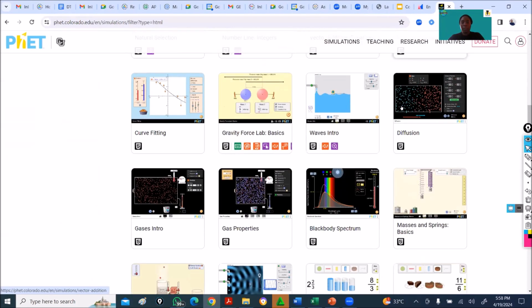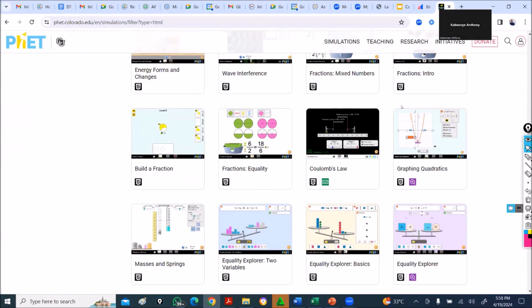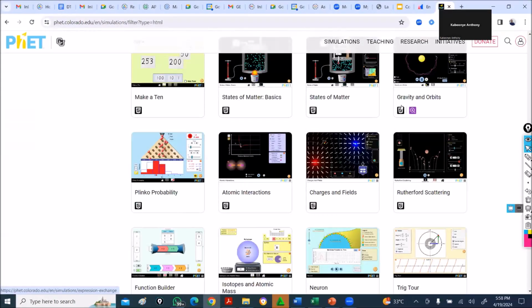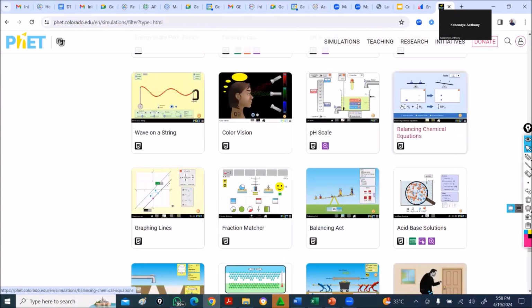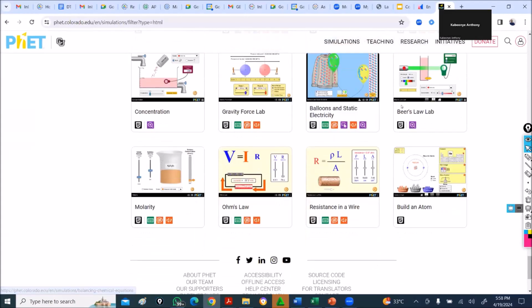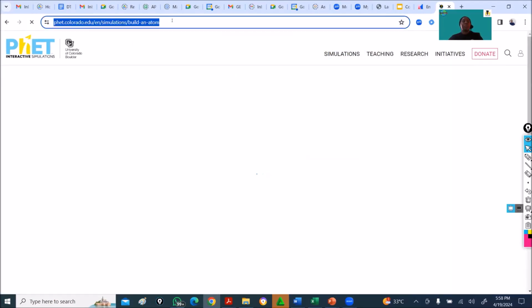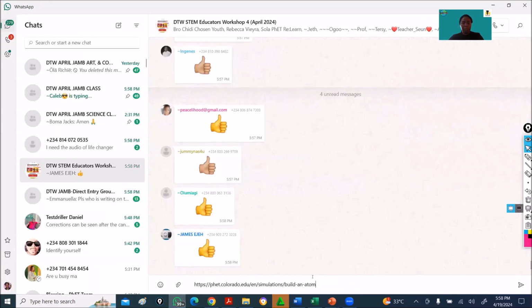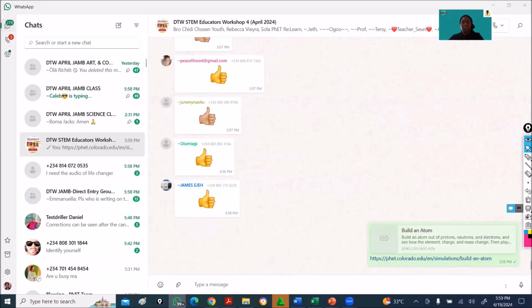Let's build a molecule. Build an atom. You see that? So this is a simulation. I'm going to drop it on the group now. Dropped on the group. I'm going to drop it in the chat box. So this is the simulation we are working on.